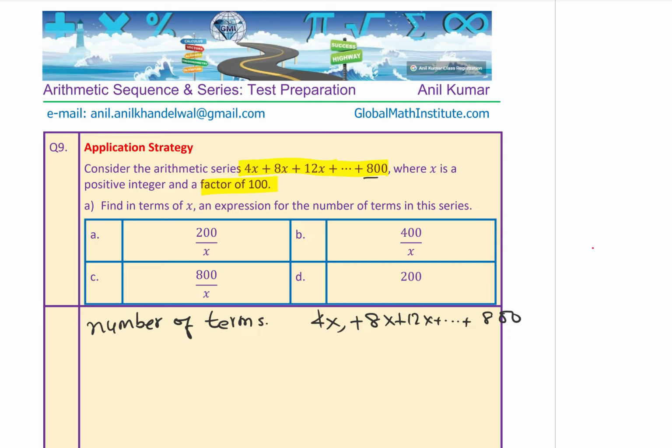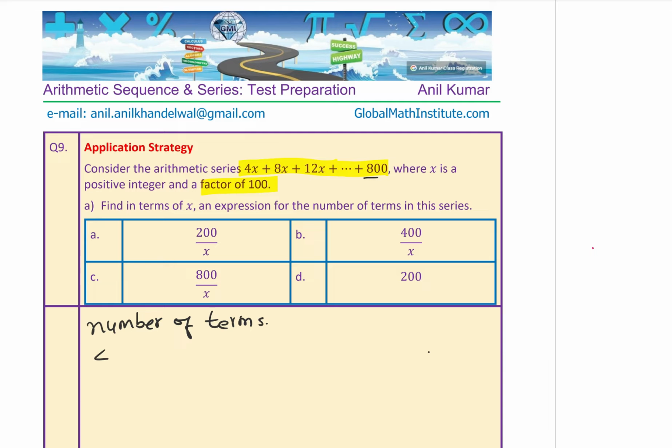Let me use that. I can take 4 common, right? If I take 4 common, in that case I get x plus 2x plus 3x plus so on. And 800 divided by 4 is 200, correct? Correct? So let me redo this. Let me write it clearly.